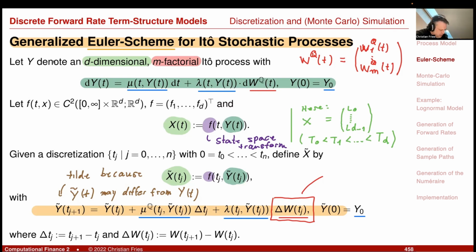So then this here is just a functional rule that tells me how do I calculate the new random variable, given that I have the previous random variable and some functions of the previous random variable, okay, multiplied with this guy here. So this is a normal distributed random variable.